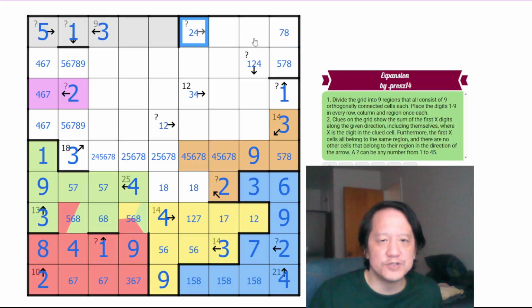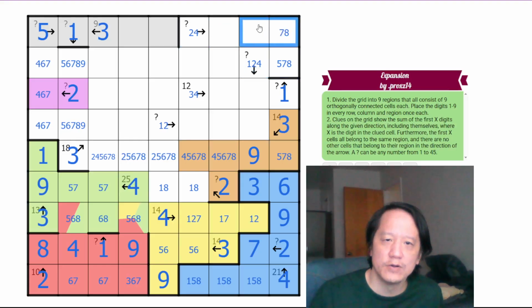So if this is 4, these are all part of the same region. If this is 2, this has to get out somewhere, and it's not part of that region, so it has to be part of here. So no matter what, these are part of the same region.